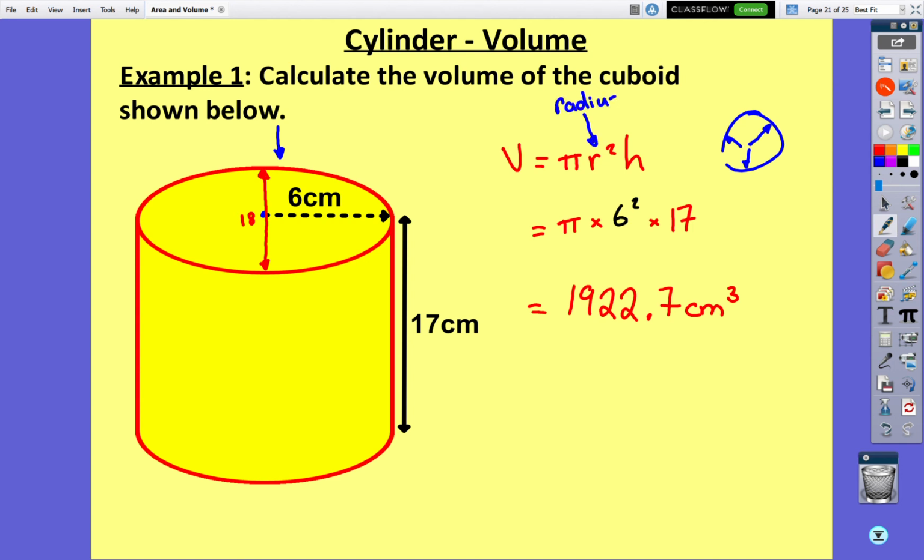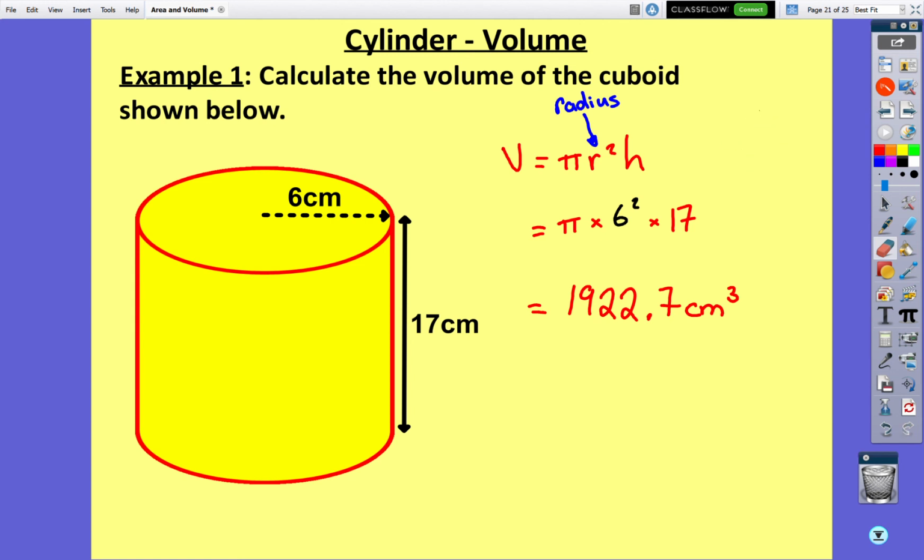So if you're given a diameter, you need to halve it: 18 divided by 2 is 9. There are questions at the end with a mixture of radii and diameters, so just watch what the diagram gives you.